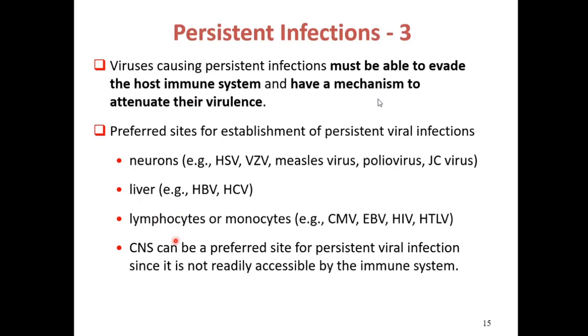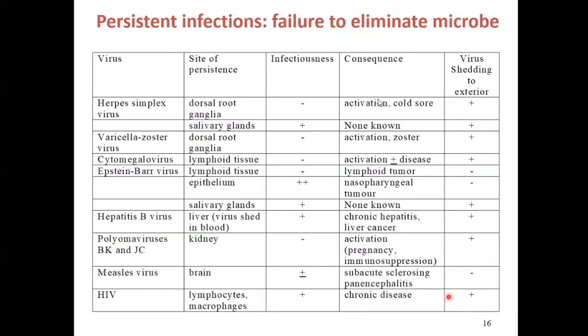Liver, lymphocytes or monocytes, so they can be even in the immune cells, like HIV, HTLV. The central nervous system can be a preferred site for persistent viral infection, because it is not readily accessible to the immune system. So they are just hidden from the immune system.